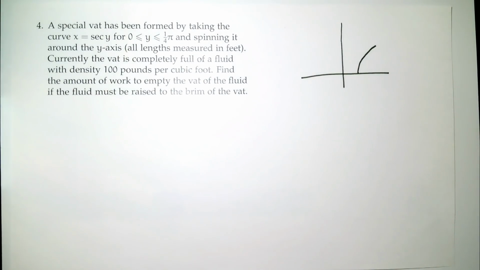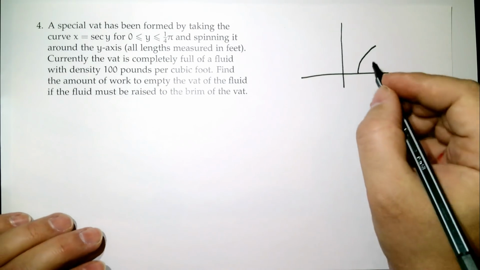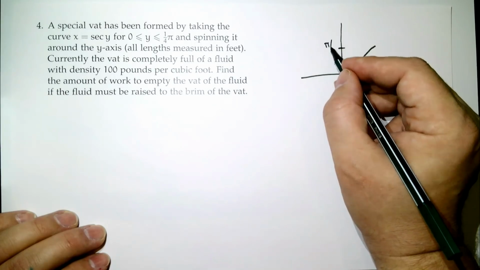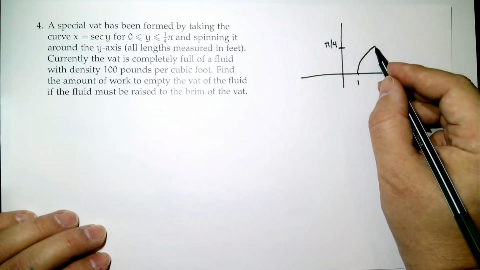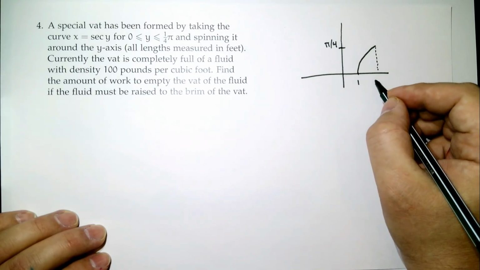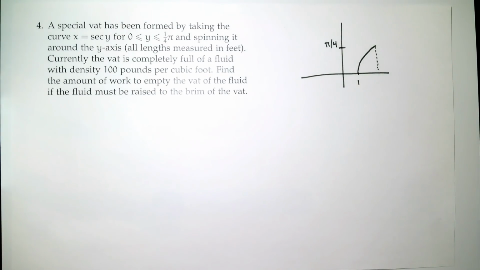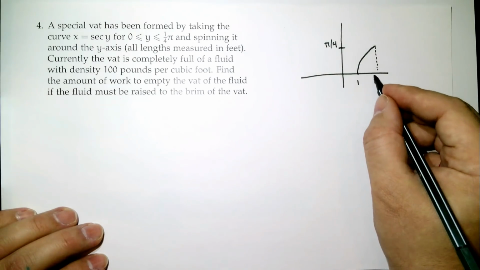So I said I better not write that. All right, so here's a part of the curve, x equals secant y. It starts off here at 1, and my picture is inaccurate, but imagine I could draw a picture at pi over 4. Not that you need to know this, but secant of pi over 4: does anybody know that off the top of their heads? Square root of 2.